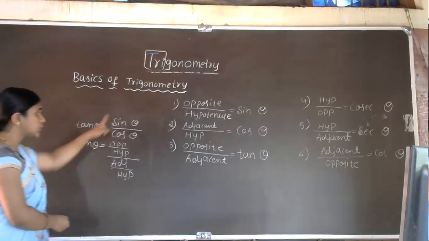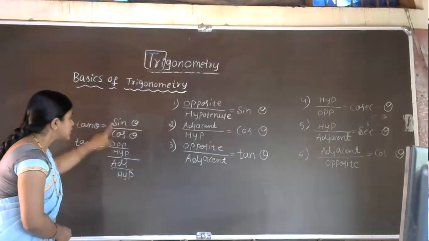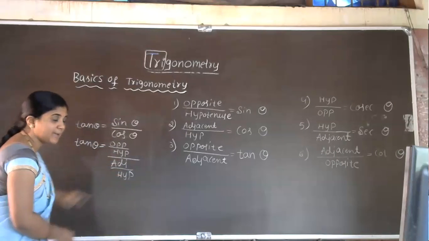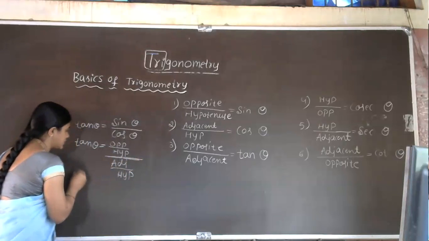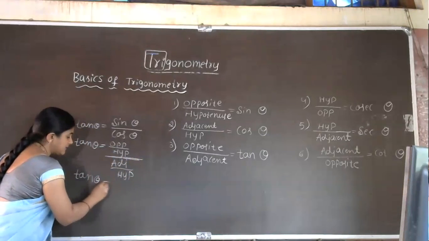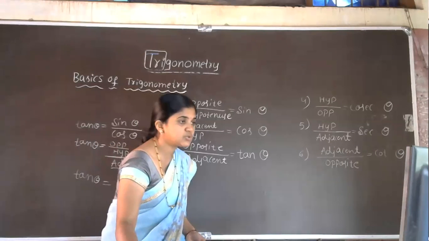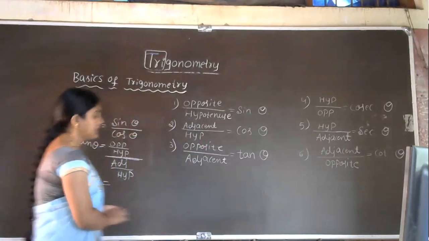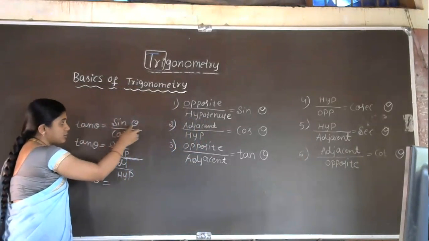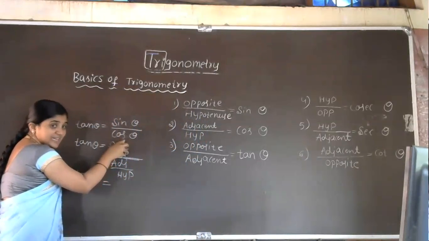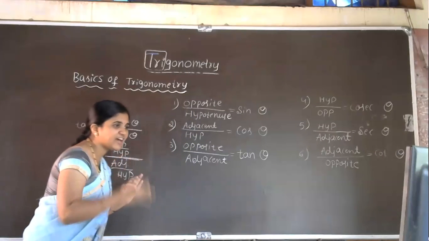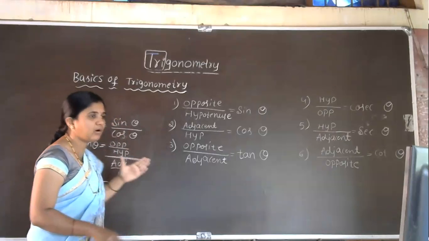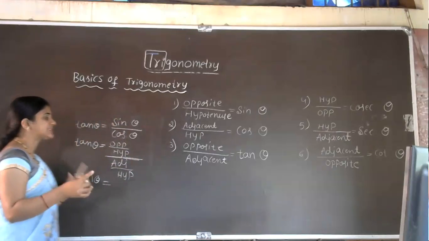Tan theta is equal to sin theta by cos theta. So sin theta is opposite by hypotenuse, and cos theta is adjacent by hypotenuse. One second students, I'll stop sharing. Board is visible now? Yes. See now here, tan theta is equal to sin theta by cos theta. We took this relationship, whether it is right or wrong, we are going to verify this one. Tan theta, we are going to write in the form of sin by cos. Whether it is right or wrong, we'll see the answer now.